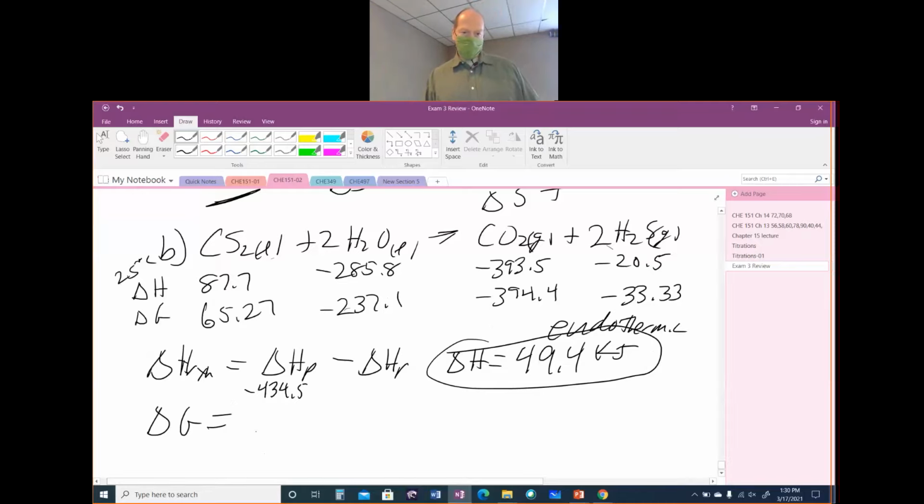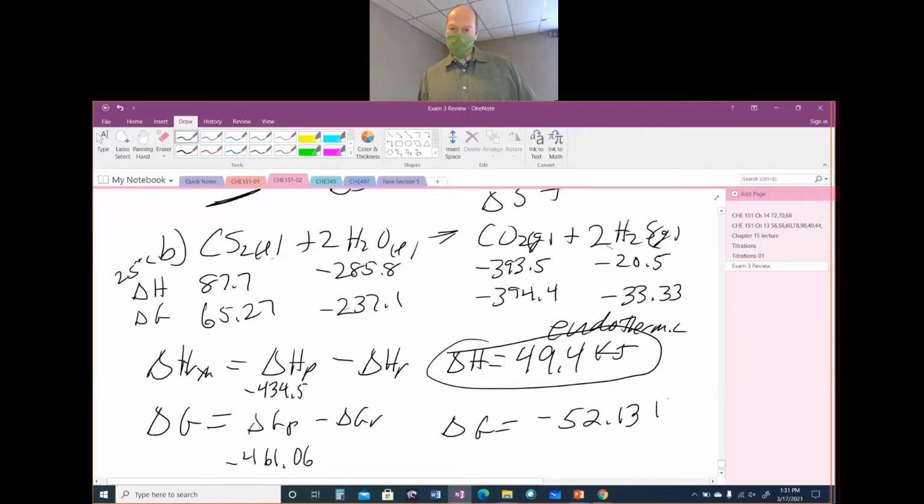So your products for your delta G add up to negative 461.06, and then minus the reactants, so minus the 65.27, and then minus the negative 237.1 times 2. All right, so your delta G is negative 52.13. So it is spontaneous.